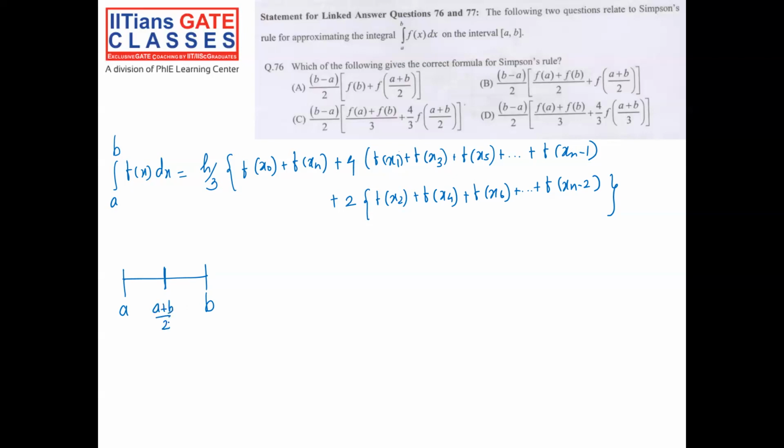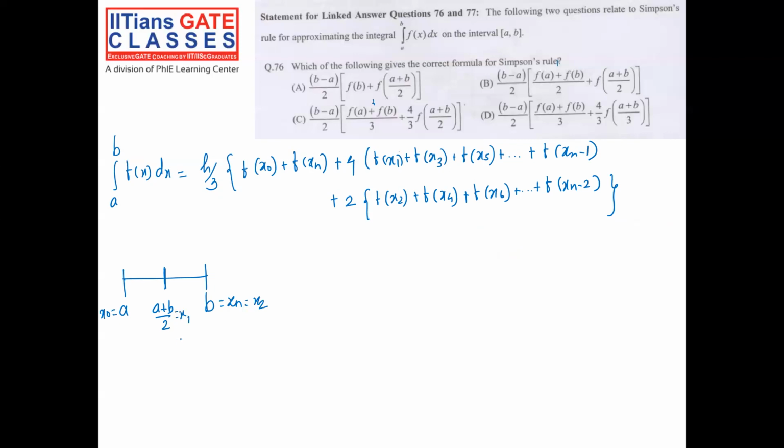Though it's not given in this question how many intervals there are, looking at the options, we can clearly see that each option consists of 3 terms. So you can break it from here. This is our x naught, this is our xn, which is equal to x2 as well, and this is our x1.